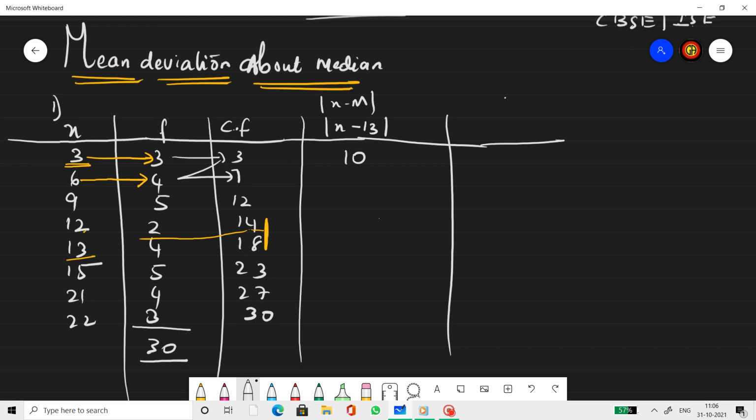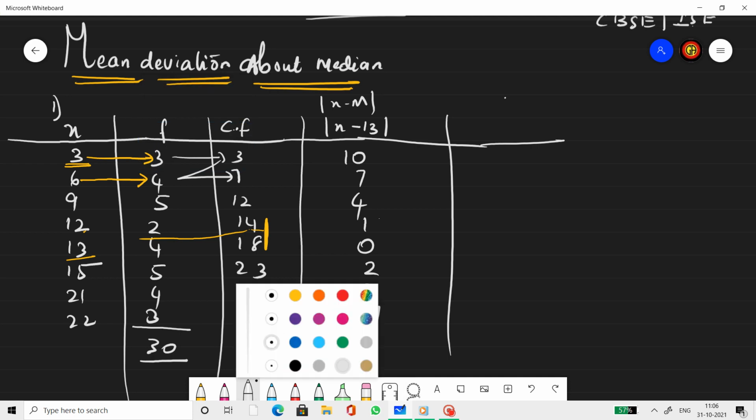So we get 10, we get 7, we get 4, we get 1, we get 0, we get 2, we get 8, and we get 9. So that is modulus of x minus 13. 3 minus 13 is minus 10, modulus of minus 10 is 10. 6 minus 13 is minus 7, modulus of minus 7 is 7. So like that.